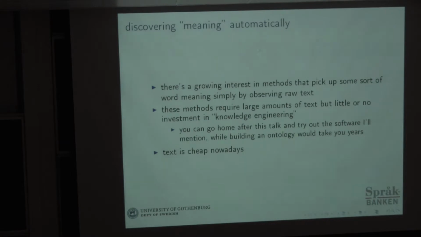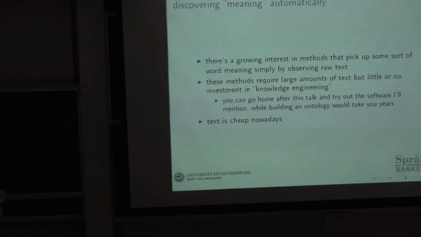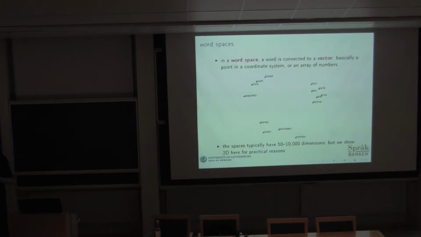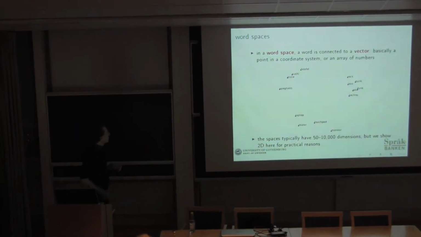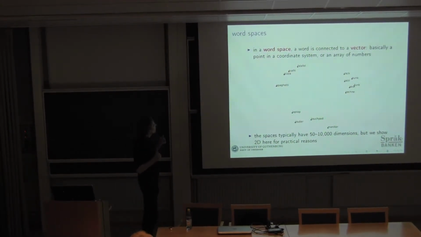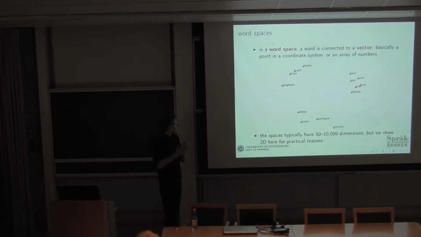Before we say how this is actually done, I need to introduce another notion, the notion of word space. In a word space, each word is connected to something called a vector, which I guess you know what it is if you have a technical background. Basically, a vector is a point in a coordinate system, or an array of numbers.